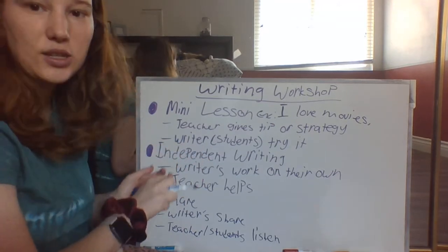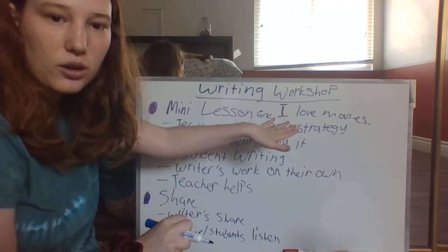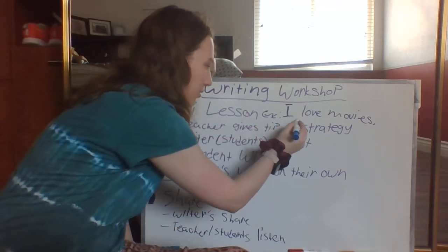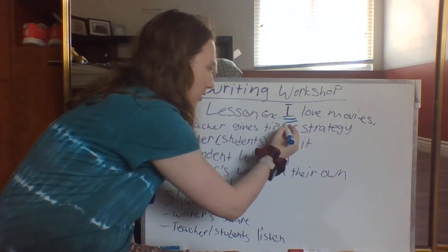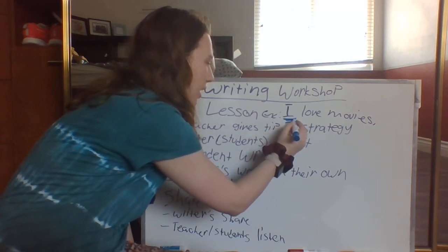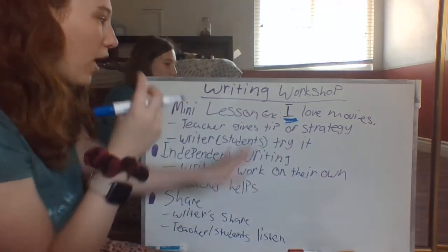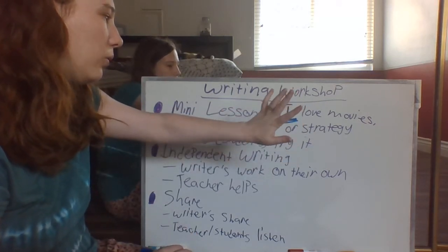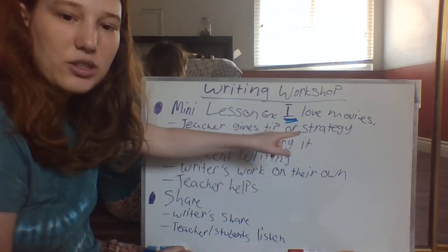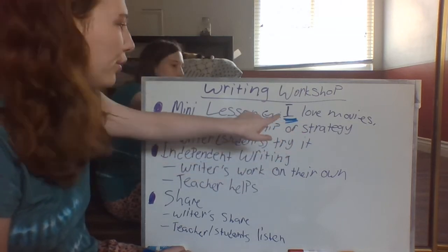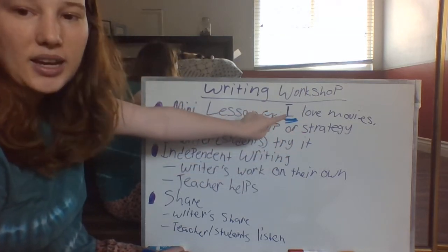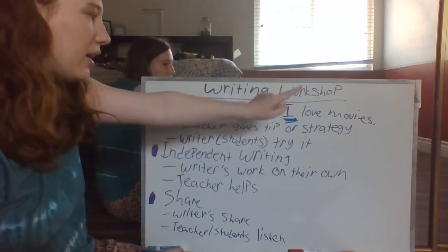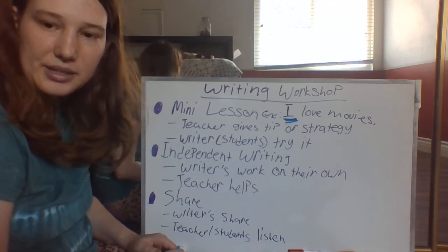So the teacher writes out her sentence, and then she's going to emphasize the capital letter at the beginning of the sentence. I would probably highlight it or have the students see it. Like, do you see how the I is a capital I and not a lowercase i, because it is located at the beginning of the sentence?